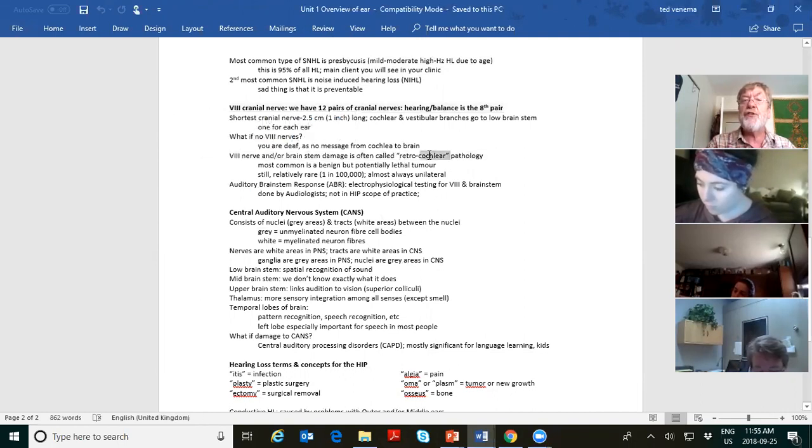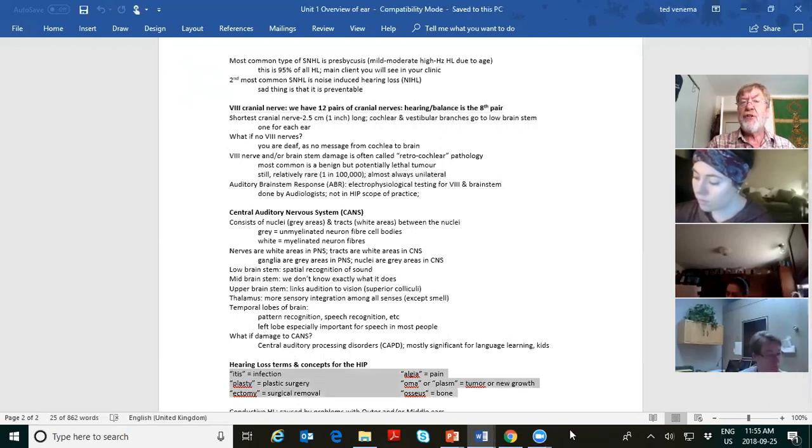It's usually a tumor. And it's always on one side. You never have bilateral tumors of the eighth nerve. Okay, it's always one ear or the other ear. It's rare. Look at how rare it is. 1 in 100,000 people. Okay? Look at these guys. Make sure you have these things down.